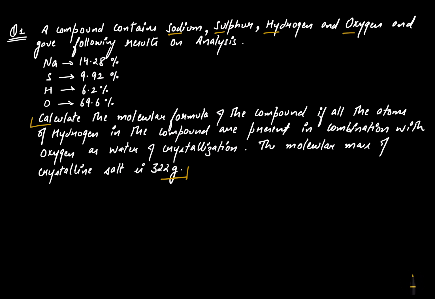This we will talk about later. Firstly, we will calculate the empirical formula. Now I'm going to give you the set of rules that you have to use while calculating the empirical formula. Please, it's a set of rules that you have to understand very carefully.